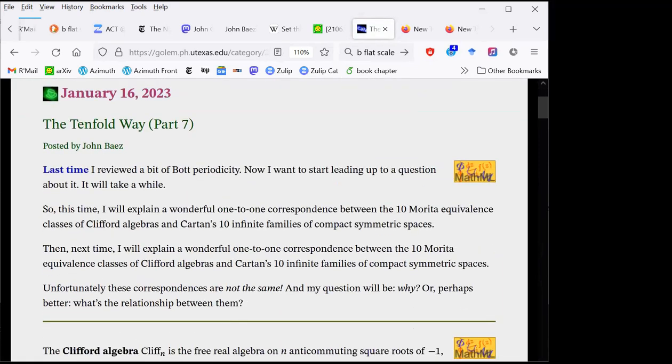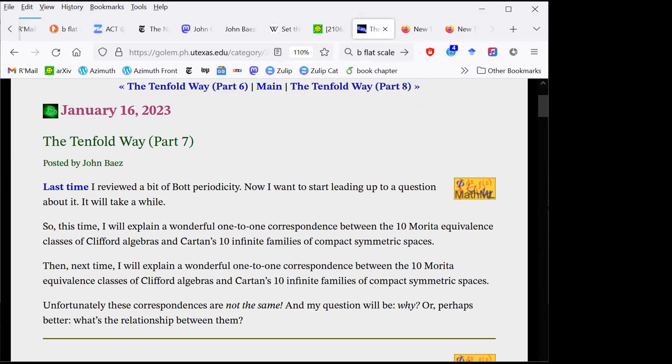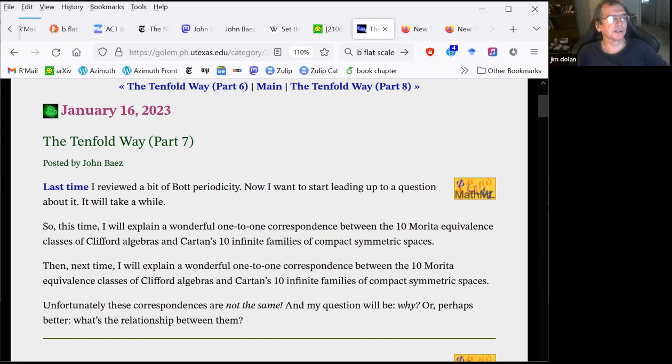I don't know too much about the history, but one thing I know is that Cartan had some idea of what a symmetric space was. Probably the day after he classified the semi-simple Lie algebras, he classified symmetric spaces in a Dynkin diagram type classification. He found 10 infinite families.